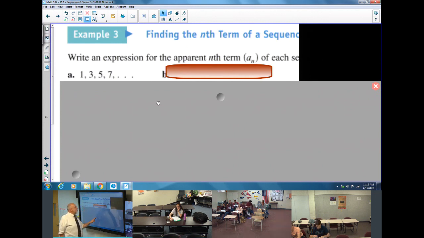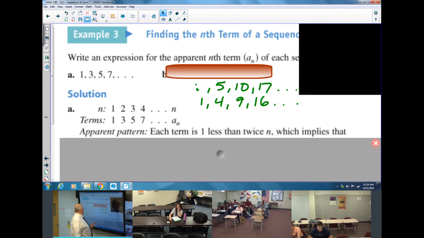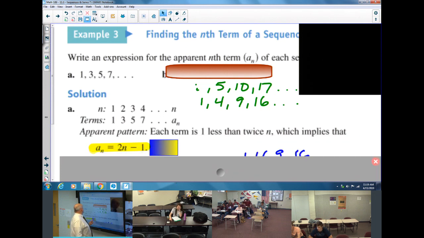So you start off with a sub n equals 2n. And then you add or subtract a number to make it fit the pattern. When n is 1, 2 times 1 would be 2.